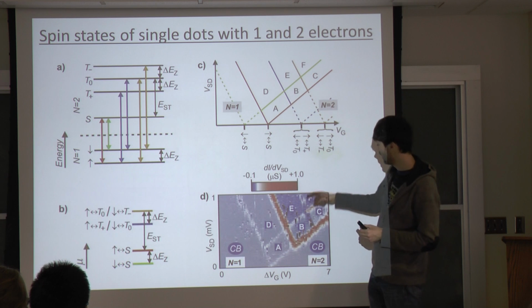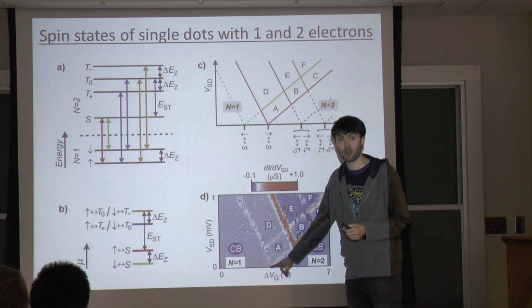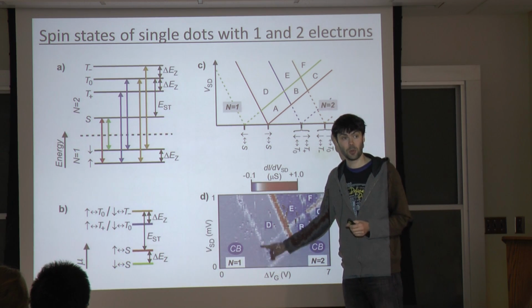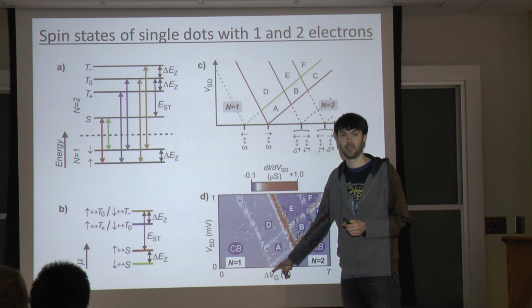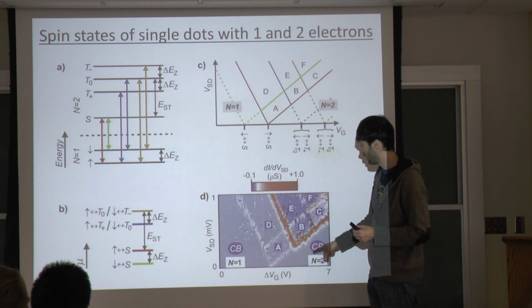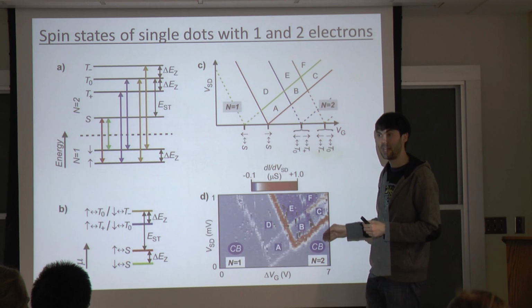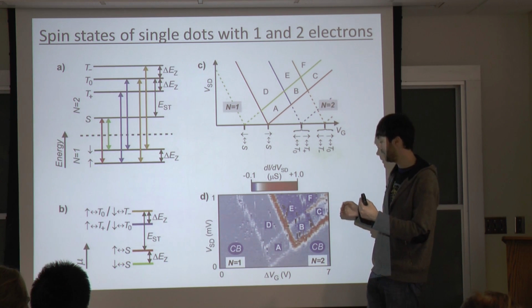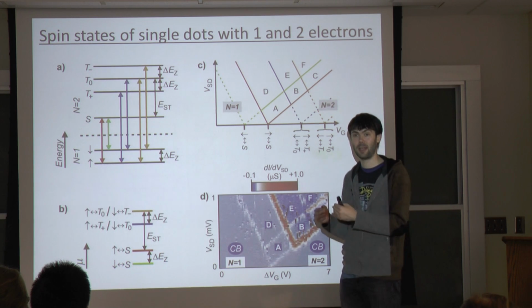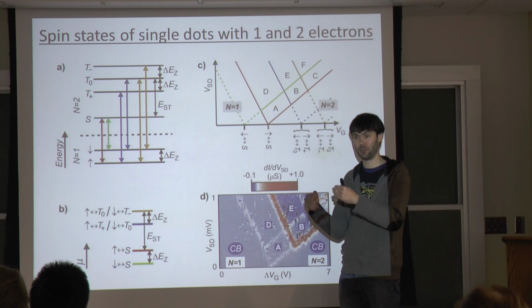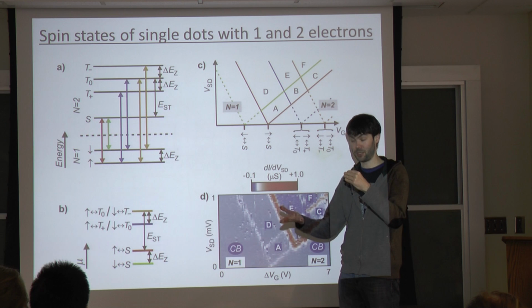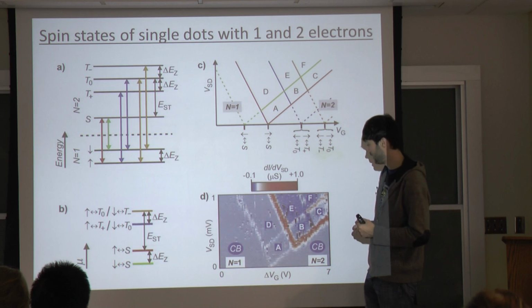For example, the main one here is the ground state transition. That's where the Coulomb diamond goes to 0 bias. So that's in the absence of spin. At this point, you have the same energy requirement to add 1 electron as you have to add 2 electrons, because you have tuned the chemical potential to such a position.